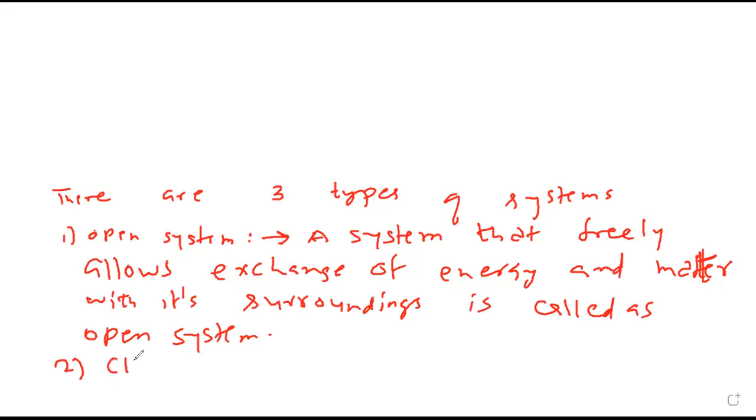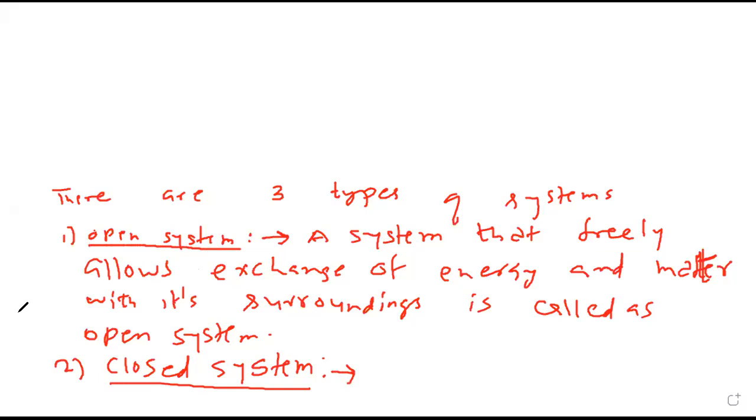Second, closed system. Sir, we can't hear you properly. Some disturbance is there. Yeah. You can see this now. Just write that much. Then when there is no disturbance, I will speak.